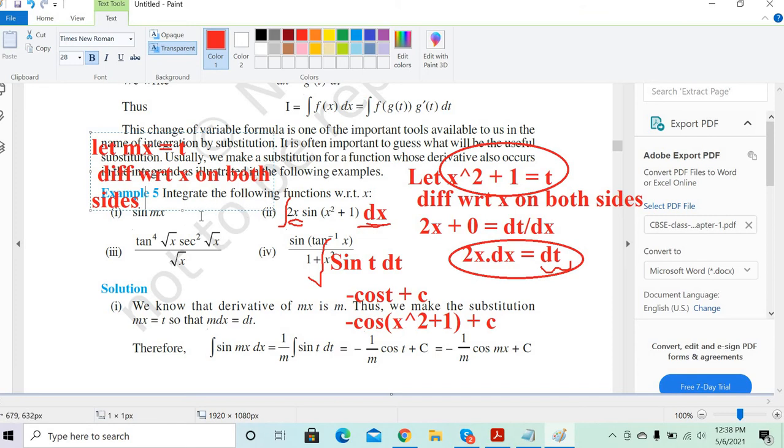Now what will you get? Yeah, try it out now. So you should get dt by dx is equal to m. Now dt will be equal to m into dx. Yes. Try it out, Vijay, no problem.